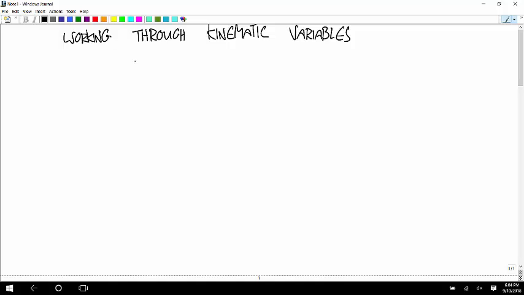The variables that we're going to use have directional information included in them.